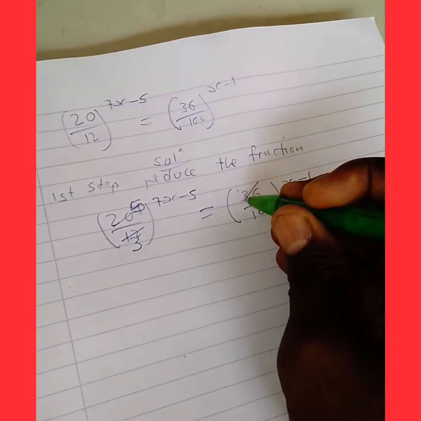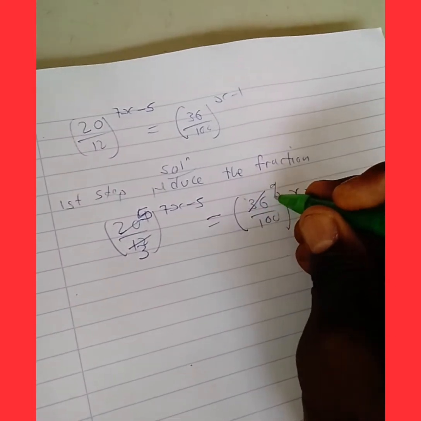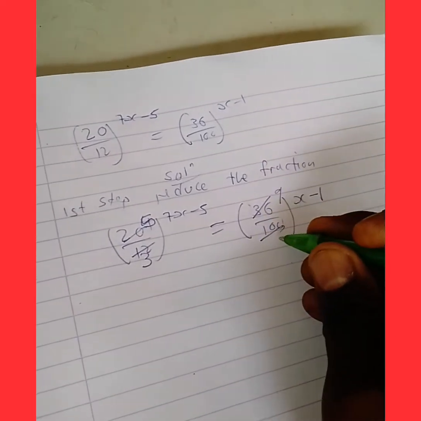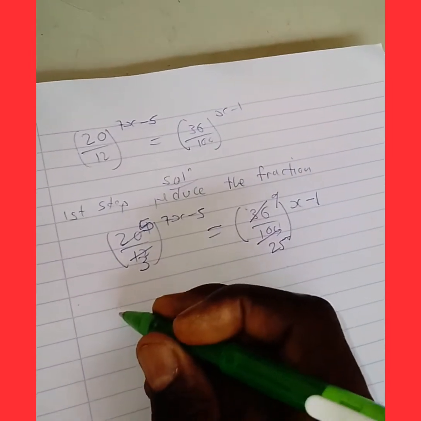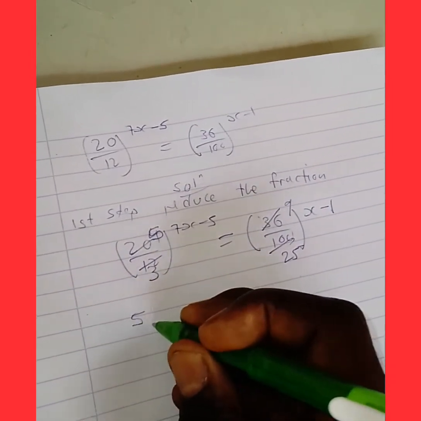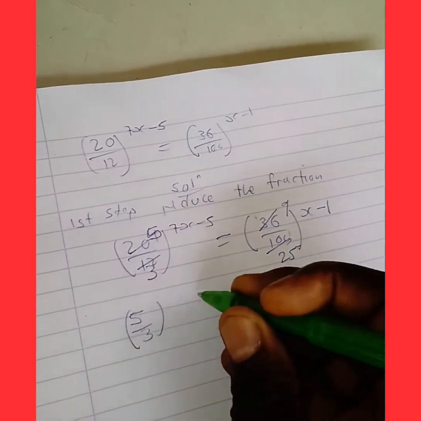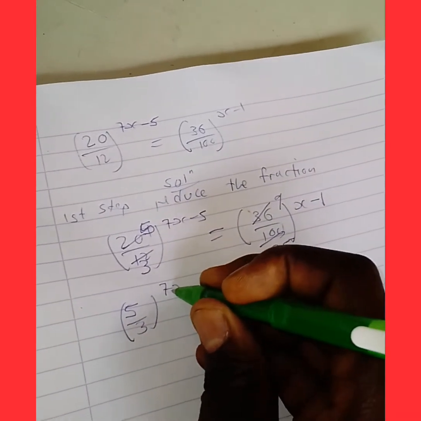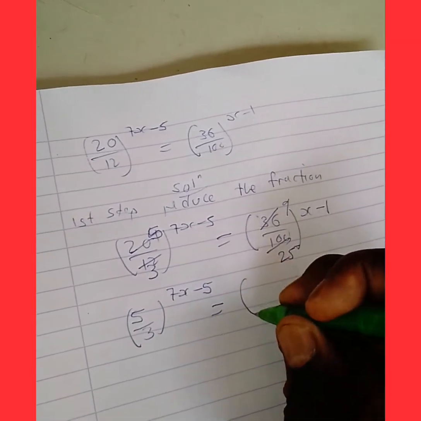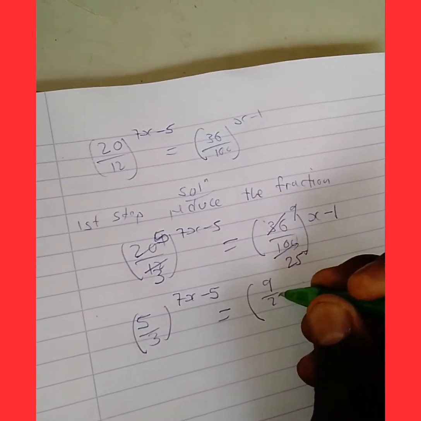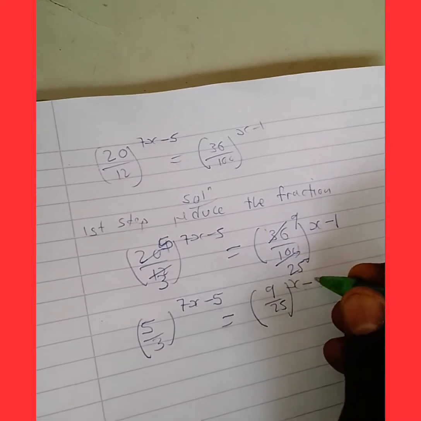Here too, 4 into 36 gives you 9 times, and into 100 will be 25 times. So here I have (5/3)^(7x-5) = (9/25)^(x-1).